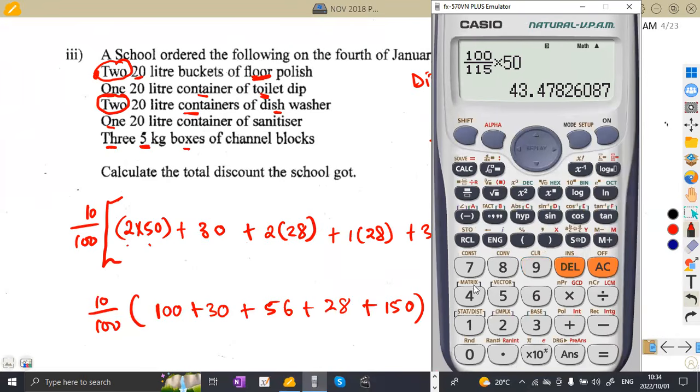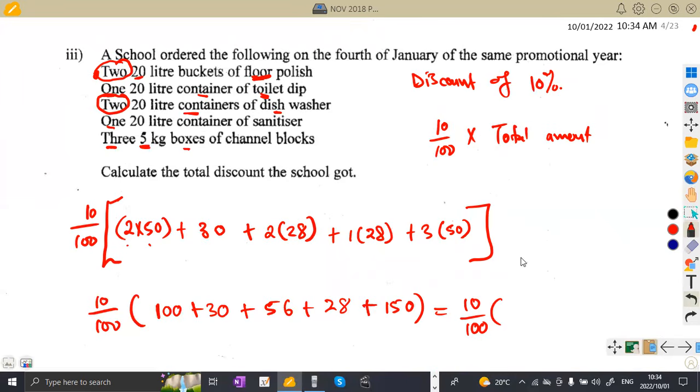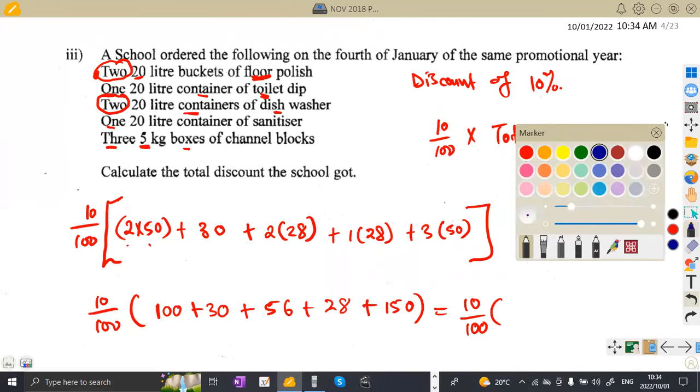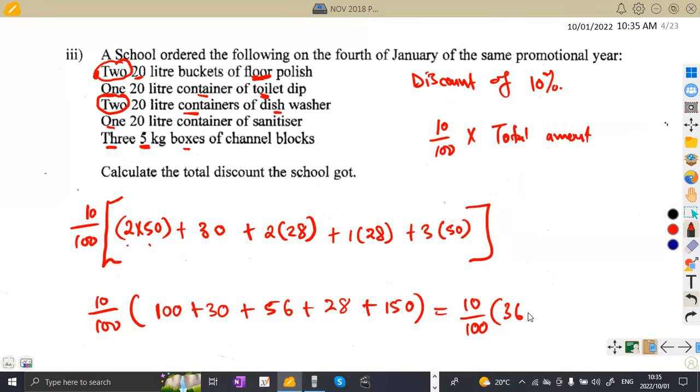I hope it's going to be clear. So you said 100 plus 30, that one is 130 here. Let me just add plus 30 plus 56 plus 28 plus 150. This is going to give us 364. Okay, let me just save it this way, 364.